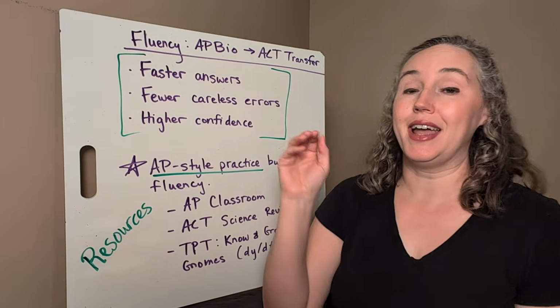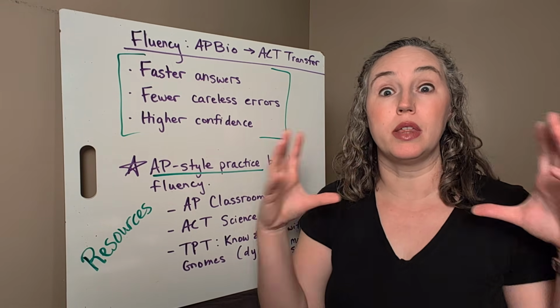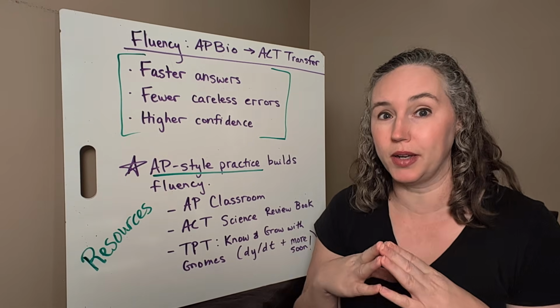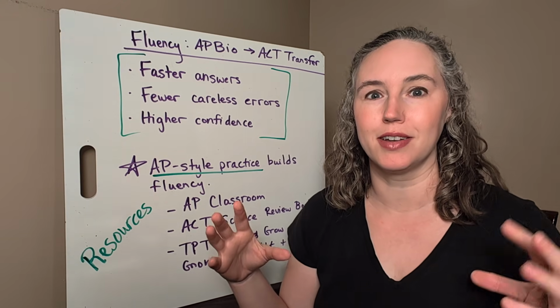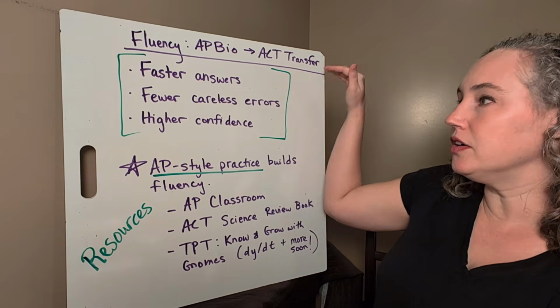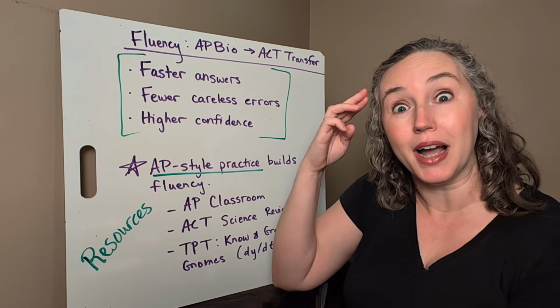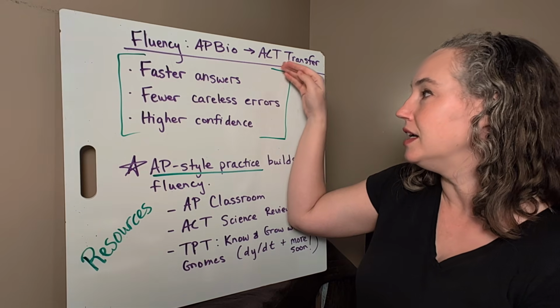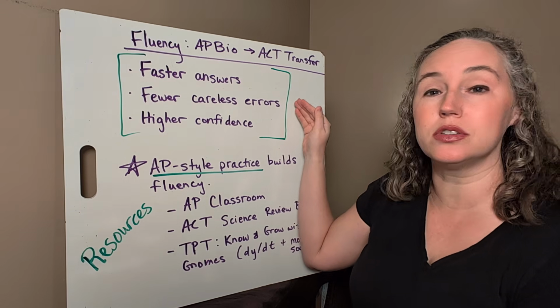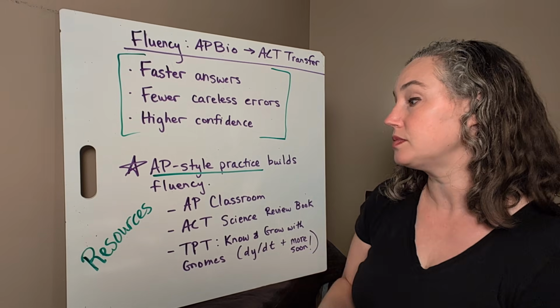And the ACT is all about can you think like a scientist, and especially can you read a graph? If you are fluent here, you're going to be able to get answers in your mind more quickly. You're going to have fewer careless errors, and you're going to be more confident going into both of those tests.